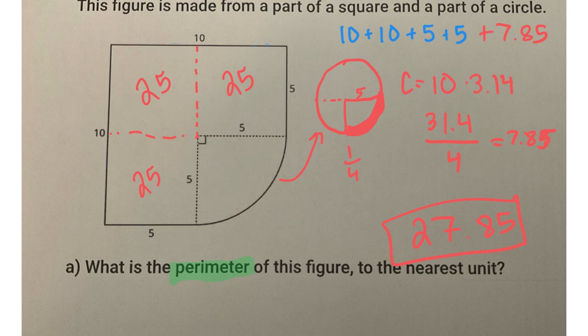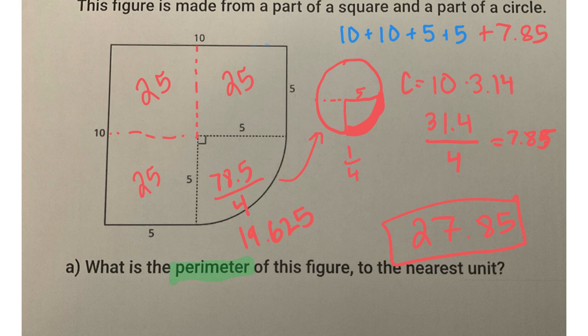My radius is 5, and 5 times 5 is 25 times 3.14. Okay, so I found my area is 78.5 of my entire circle. I'm going to divide that by 4 because I only have 1/4 of a circle, and we get 19.625. And that is the circle part. Then I just add all my pieces together. So 75 plus 19.625, whatever that is.